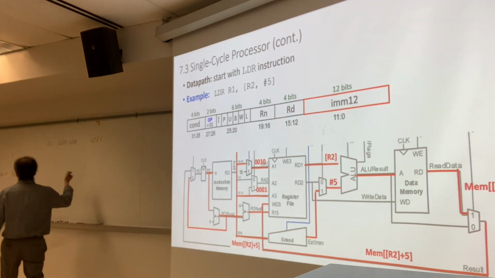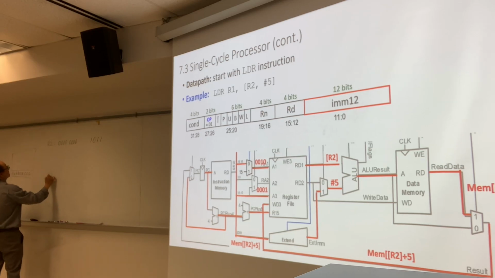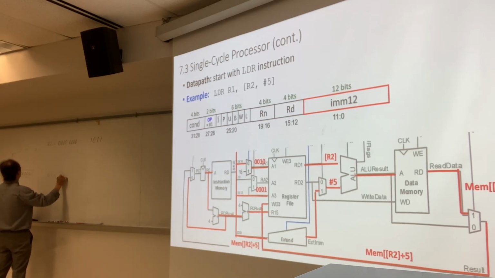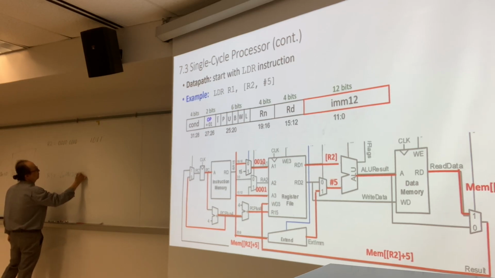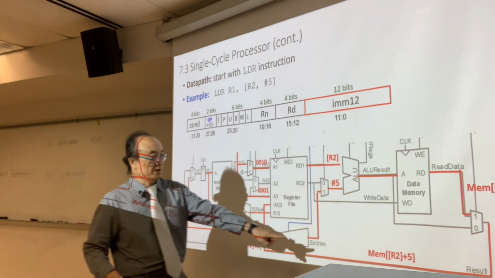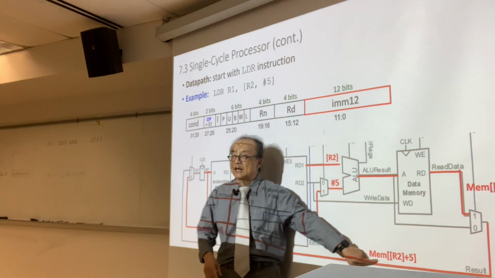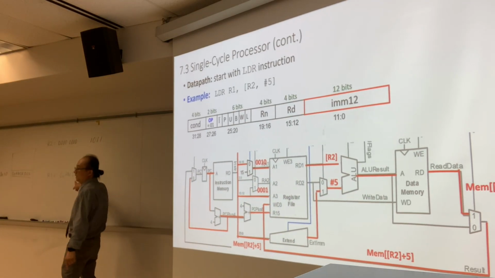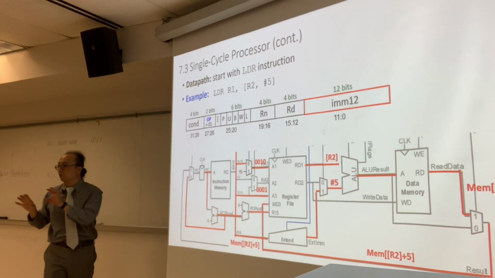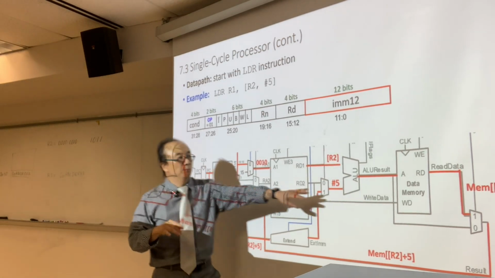Therefore, after we execute this, the contents of R1 should be 0xABCDEFFF. So in this case, the very bottom result line is going to be 0xABCDEFFF. That's what we read from the main memory.